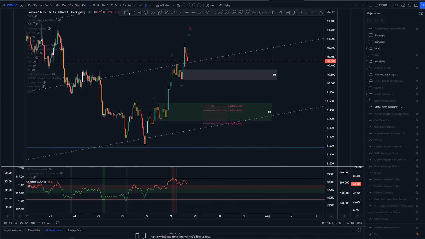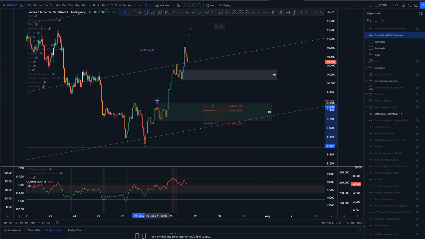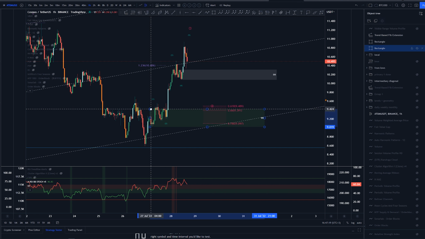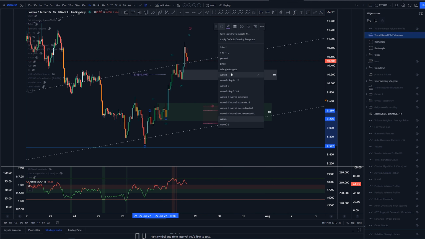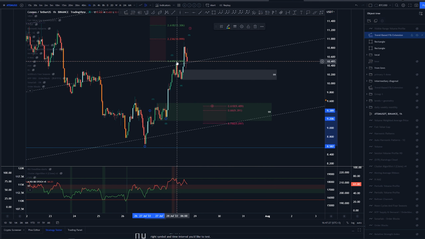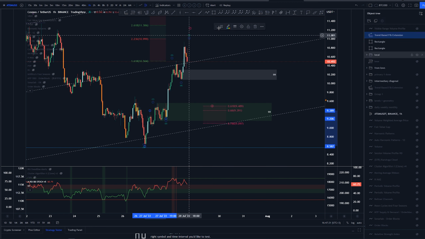I don't think we have too much extension here on the 3rd. No, definitely not. Maybe the wave 1 actually ends here, possibly. At that point we could get to the 1.618 here, which would make a bit more sense.